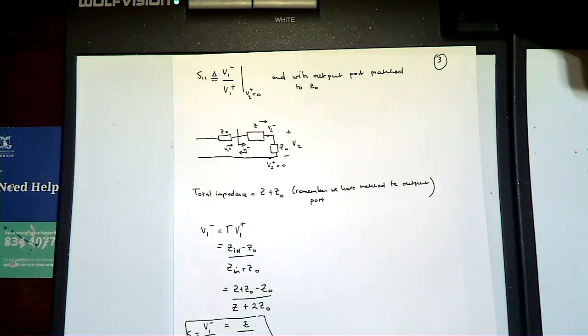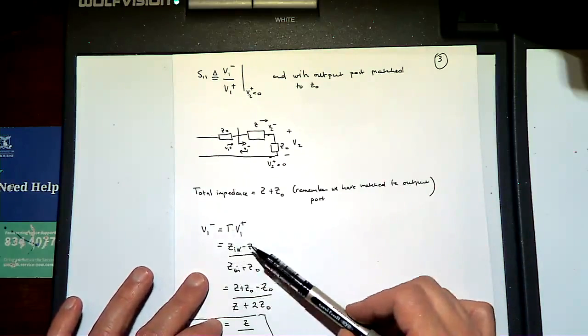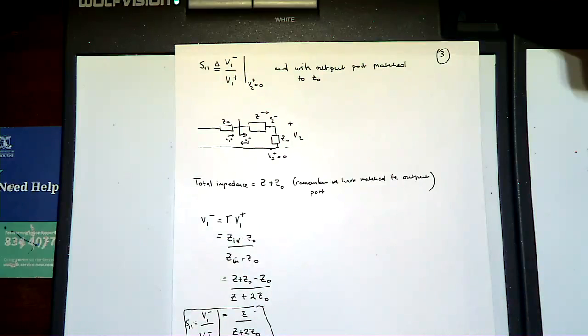That's why you had a workshop on vector network analyzers, because what it does is terminate the circuit you're measuring with a load equal to the characteristic impedance. So when you do this, you can show that gamma is Z in minus Z0 on Z in plus Z0. You remember that? You go through the process. So V1 minus on V1 plus, when V2 plus equals 0, is Z on Z plus 2 Z0. Nothing special, right? Very simple to calculate.